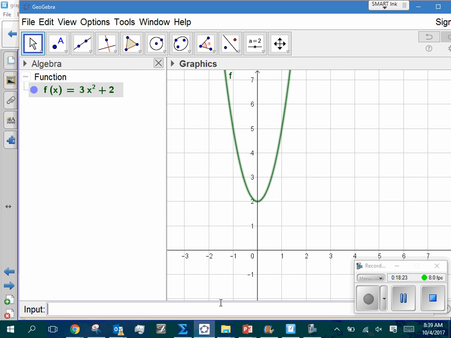Now, if I say I want to graph the same thing on top of it, 3x squared plus 2, I think this is the notation I have to use. Nope. Let's see.